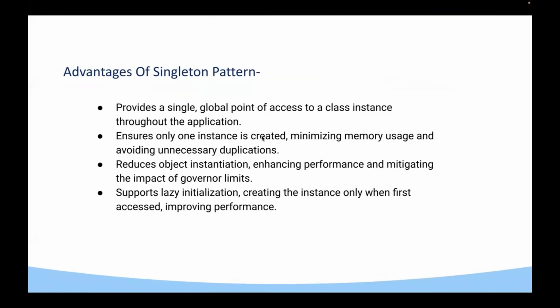Only one instance is created, and it minimizes memory usage and avoids unnecessary duplication. It reduces object instantiation and improves performance. It also minimizes the use of governor limits. It supports lazy initialization, creating the instance only when first accessed, and improves performance.